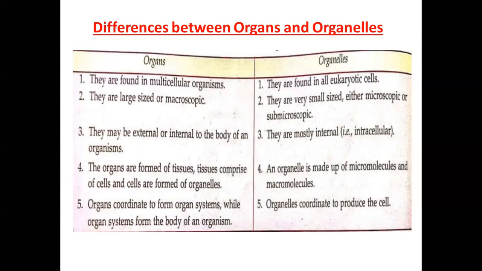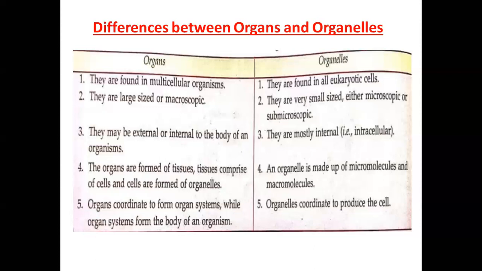Organs are large sized or macroscopic. Organelles are very small sized, either microscopic or submicroscopic. Organs may be external or internal to the body of an organism. Organelles are mostly internal or intracellular.